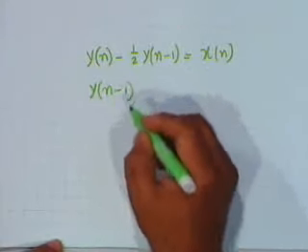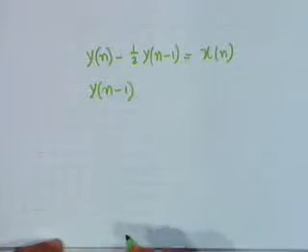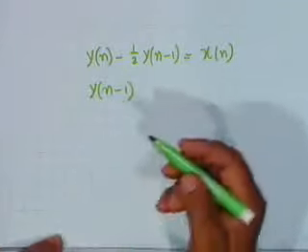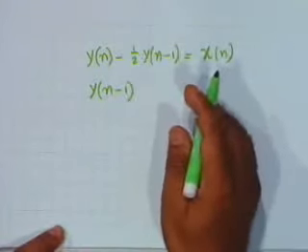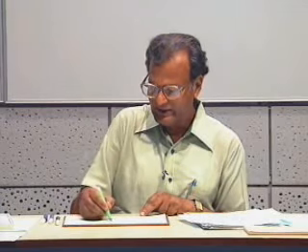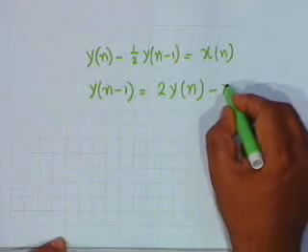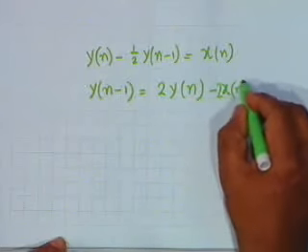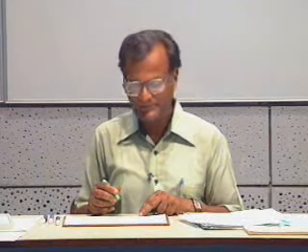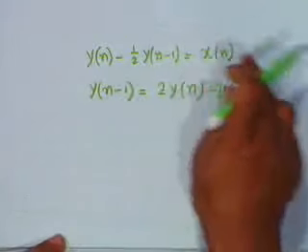These things will become matters of routine when you go deep into discrete time systems. There is no trick in this, it is straightforward. What we want is to compute y of n minus 1 from y of n, and therefore we write the equation slightly differently: y of n minus 1 equals twice y of n minus twice x of n. We multiply by 2, take this to the left hand side, and bring this to the right hand side.